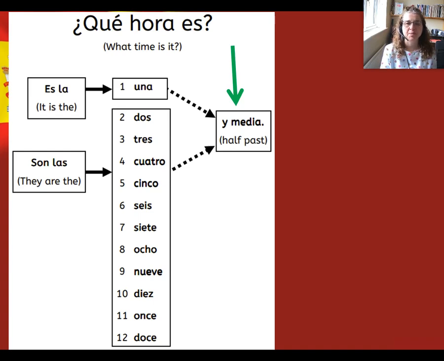It's 1:30. Es la 1:30. Did you remember that it was es la and not son las this time? And how would you say it's 10:30? Son las 10:30.